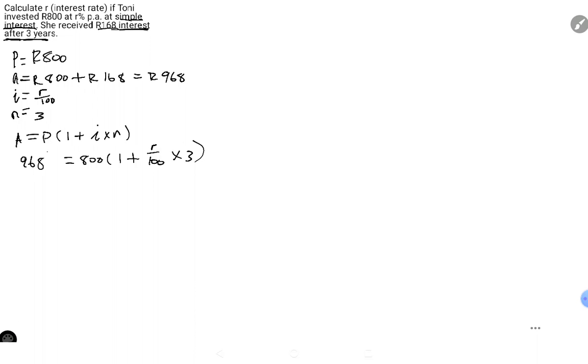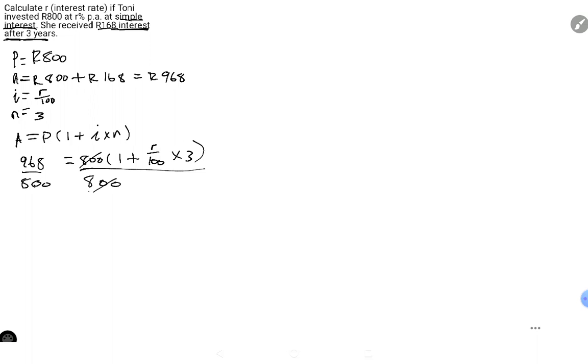968. Okay, so now we have an unknown that we're supposed to be calculating, and it's in between brackets. So we need to get it out of there. So the first thing is we need to get rid of what is in front of the bracket itself, which is the 800. We get rid of it by dividing both sides by 800.